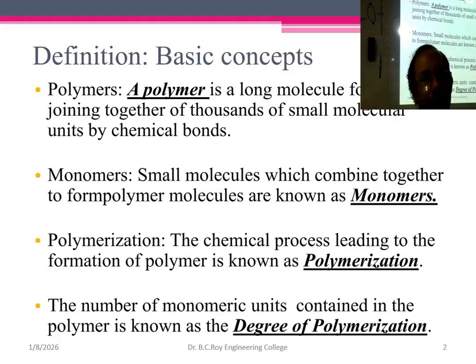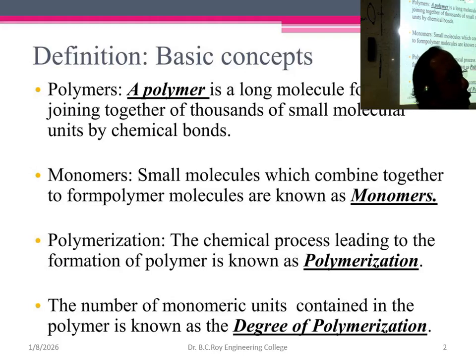Okay. Now what is a monomer? The unit. By repetition of this unit, you get the long chain. That is called a monomer. Now sometimes what you get is a few units joining together forming a block. Monomer A, monomer A, monomer A joining together, again monomer B, monomer B, monomer B. So this is called a unit, a block.